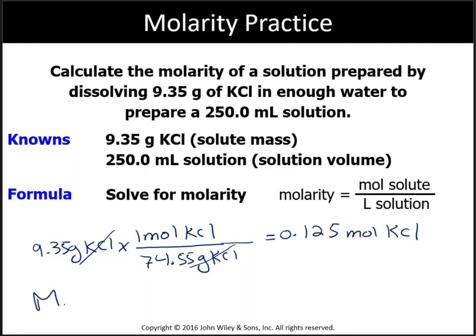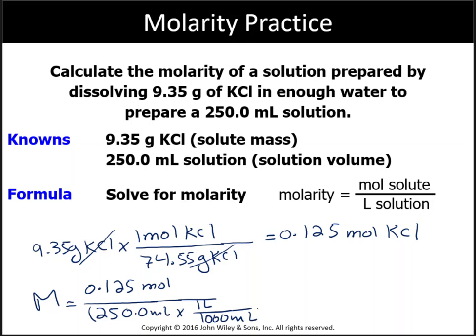Now to find the molarity, that's the moles of solute, which is 0.125 moles, per liter of solution. So we have 250 milliliters, and you know that each liter is 1000 milliliters. So from here, we can find the molarity of this potassium chloride solution.